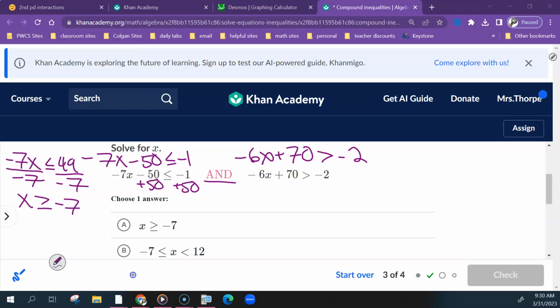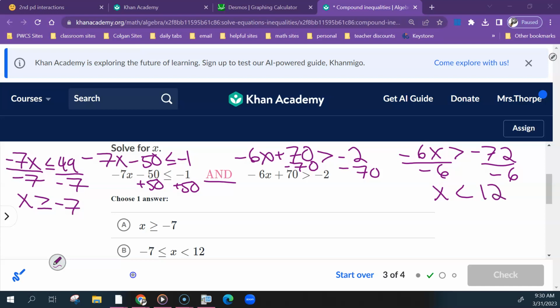And then for your other one, subtract 70. Divide both sides by negative 6. Sign again changes. What is that? Okay.